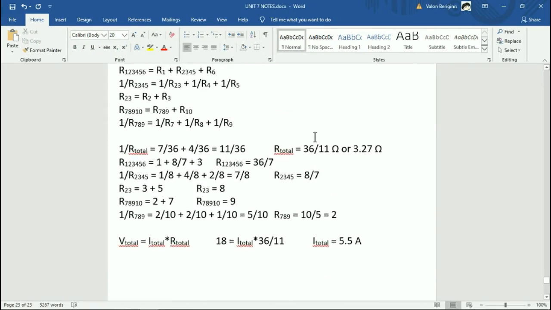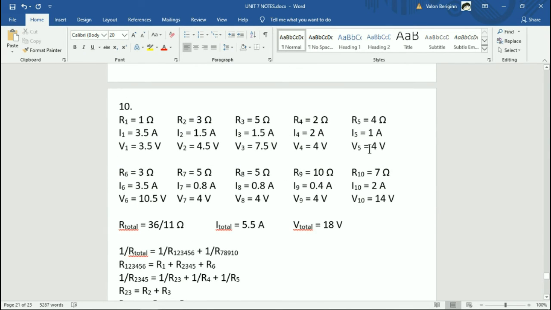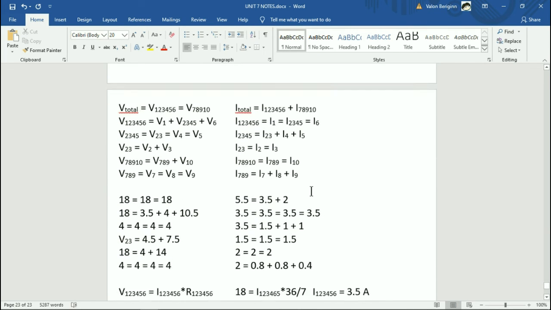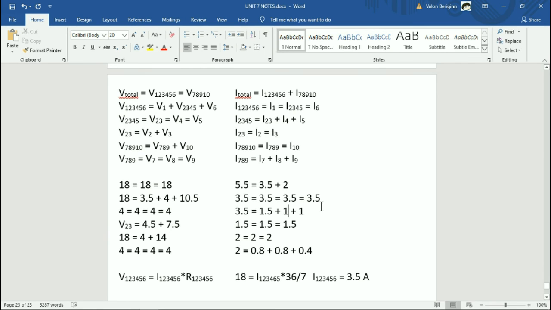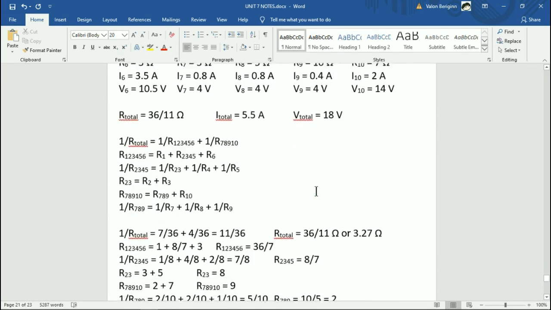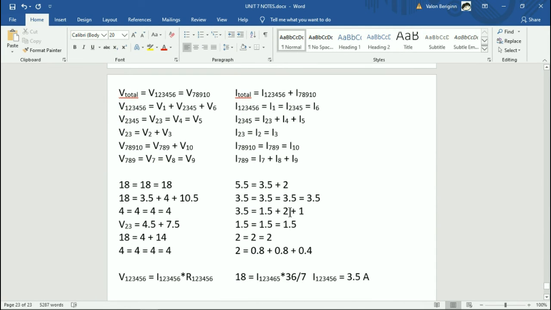Hold on. Okay, I'm trying to just figure out where I made my mistake. That should be 4, so that's right. Oh wait, I just put the number in wrong. Okay, I'm an idiot. Okay, good. I didn't make a legitimate mistake. I just put this was 1, but this should be 2. Okay, that was my mistake. I did everything right, I just transcribed a number wrong. So all my numbers leading up to this were right. If this was 2, that means this has to be 0.5, and therefore this is 0.5, and this is 0.5, and this is 0.5.